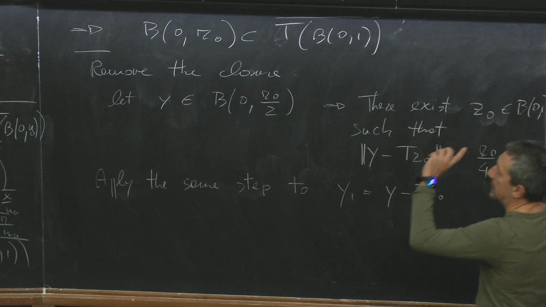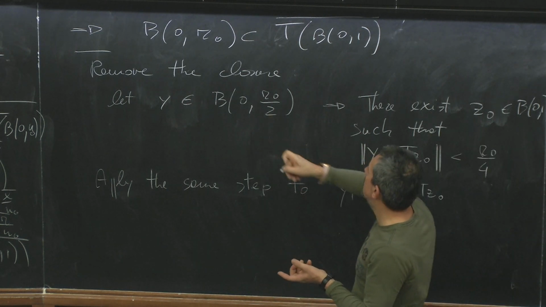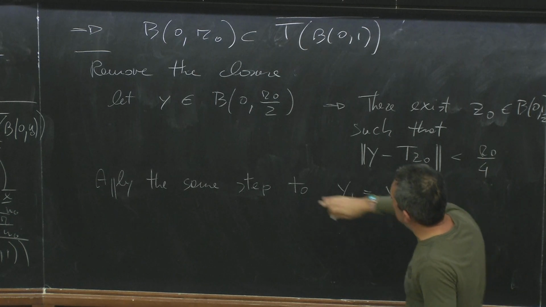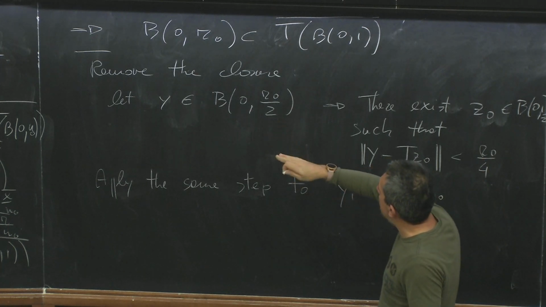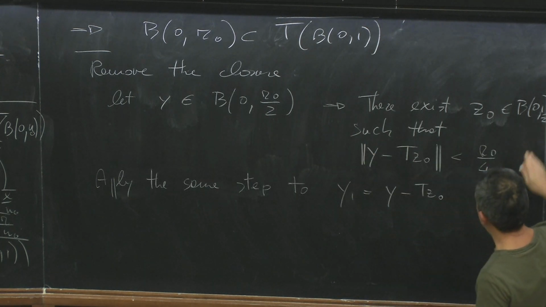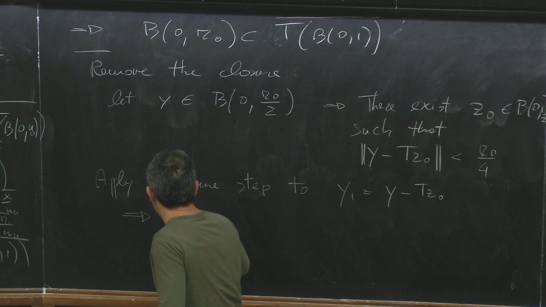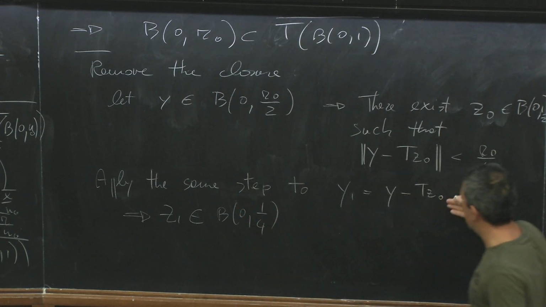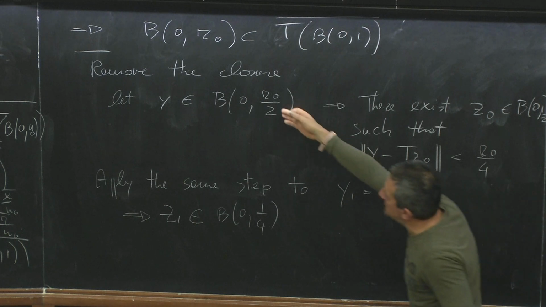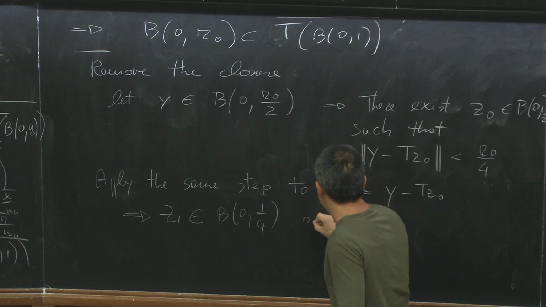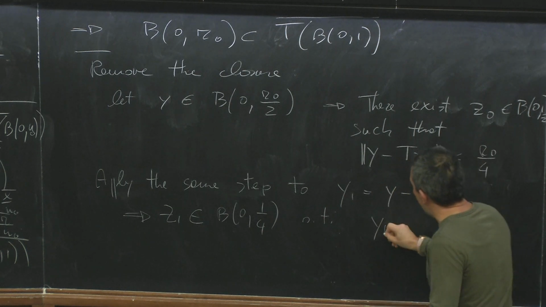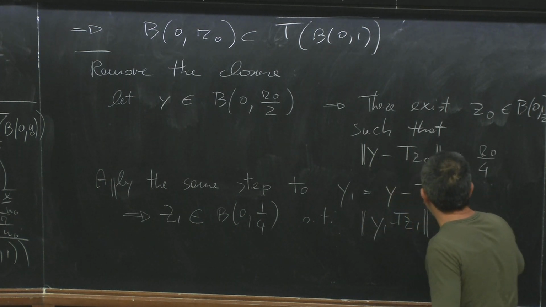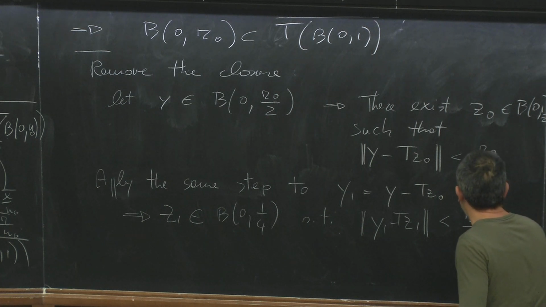The norm is half of this norm, so I can apply the same and get that there exists z1, which now belongs to B(0, 1/4), simply because this has a norm half of the other and everything is linear, such that the norm of y1 minus T z1 is less than r0 over 8.